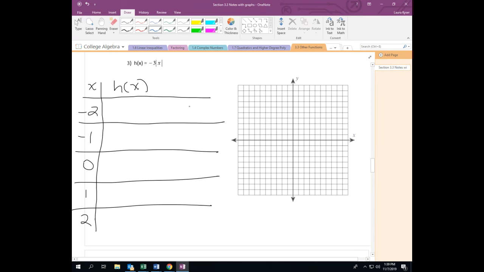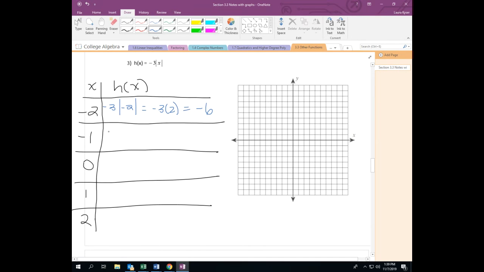So again, I'm plugging all of these in. I have -3 times the absolute value of -2. Order of operations says grouping symbol first, and the absolute value is a grouping symbol, so you want to take the absolute value first. And this is -3 times 2, which is -6.